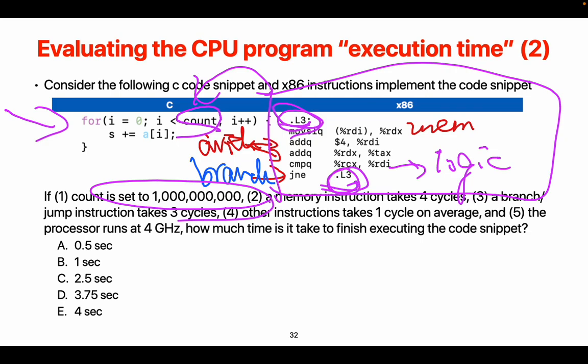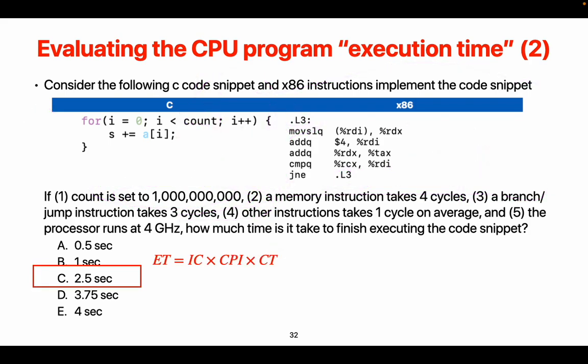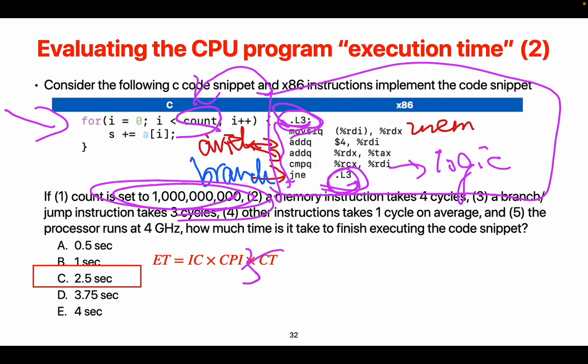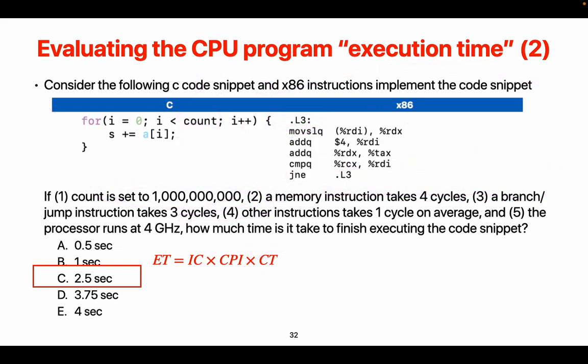Every time you execute this JNE, you decide whether to continue in this loop or not. So these 5 instructions will be executed 5 billion times. That's why the total instruction count is 5 times 1 billion, the same number as in the last question.